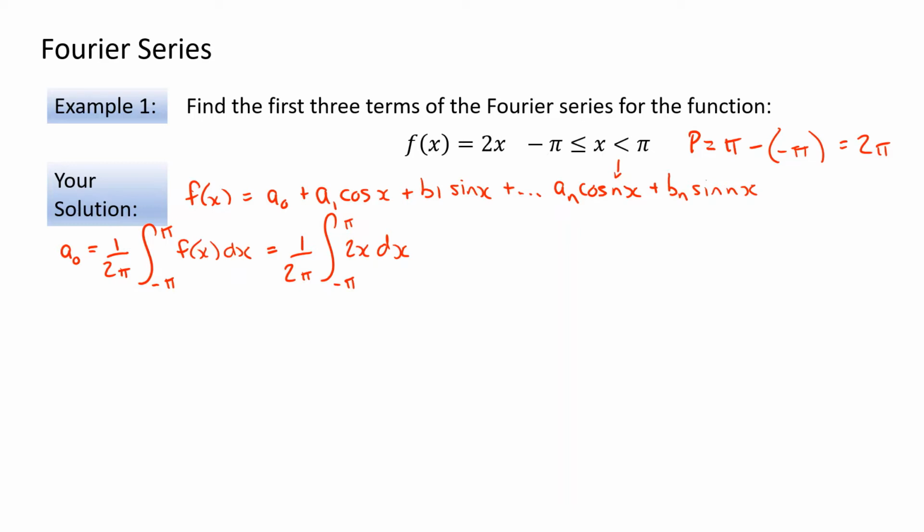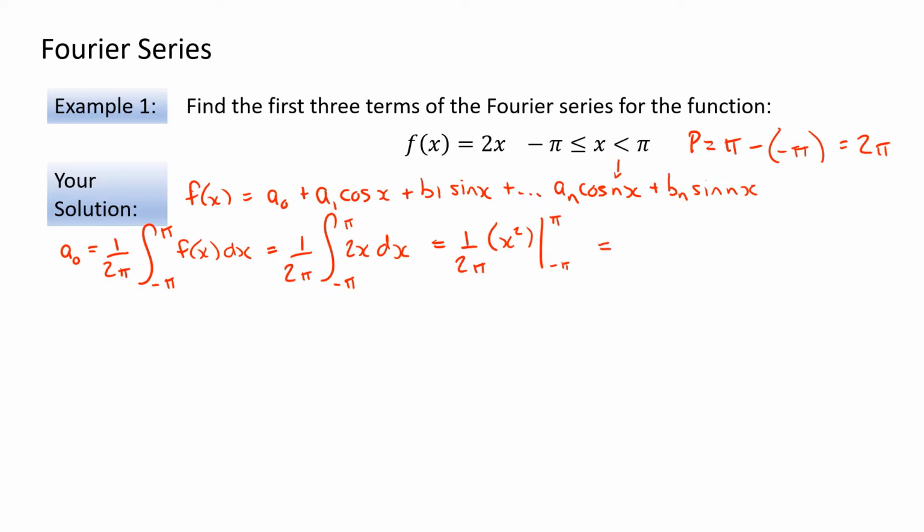So the integral of 2x is x squared. So we get 1 over 2 pi times x squared, evaluated at pi and negative pi. You'll see that the integral for the constant term is always going to be simpler because it doesn't have a cosine or sine x term attached to it.